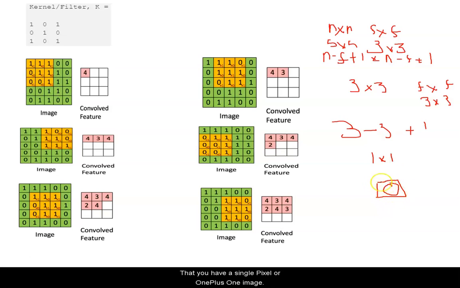What I wanted to say is that when you apply the convolutional operator, your image starts to shrink, and you can apply the convolutional operation only a few times before your image becomes very, very small, right? So that is one drawback of using a convolutional operation.